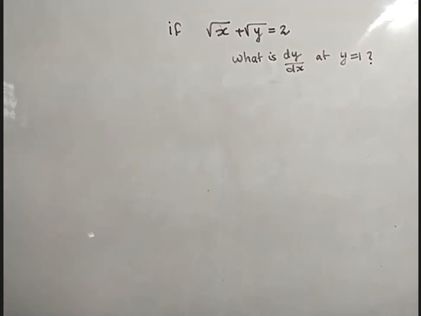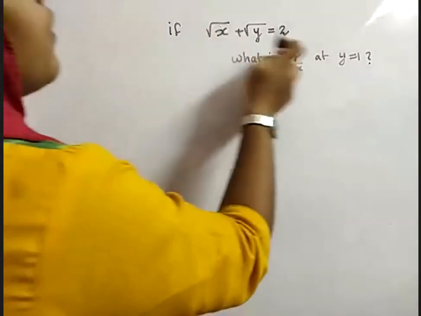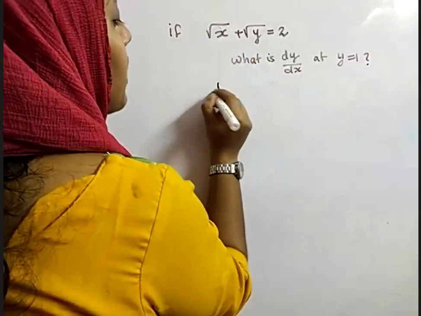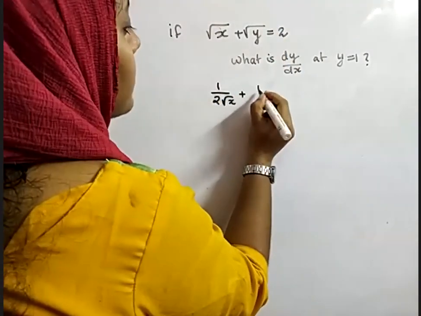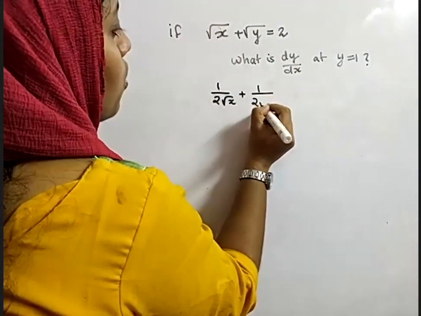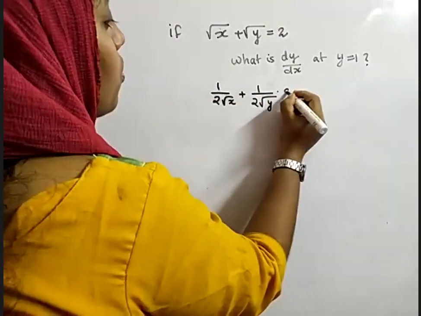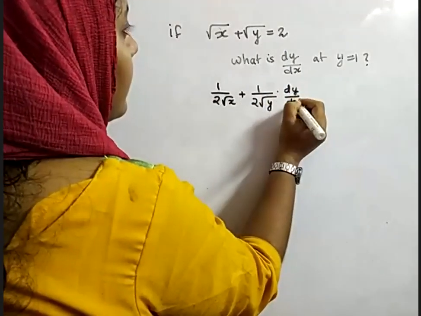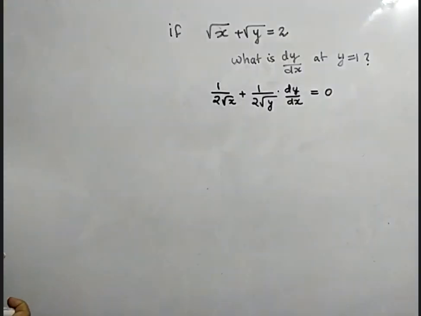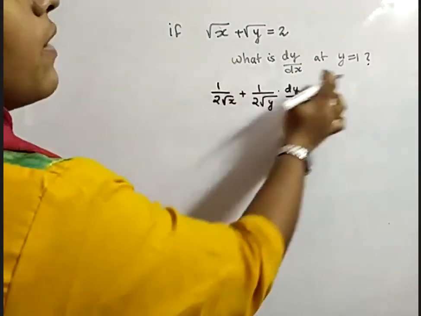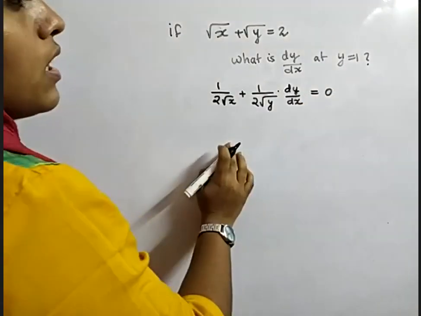See, how can we do this? What is the derivative of root x? 1 by 2 root x. Plus derivative of root y is 1 by 2 root y into dy by dx is equal to 0. Is it correct? So now put what they are telling, y is equal to 1.